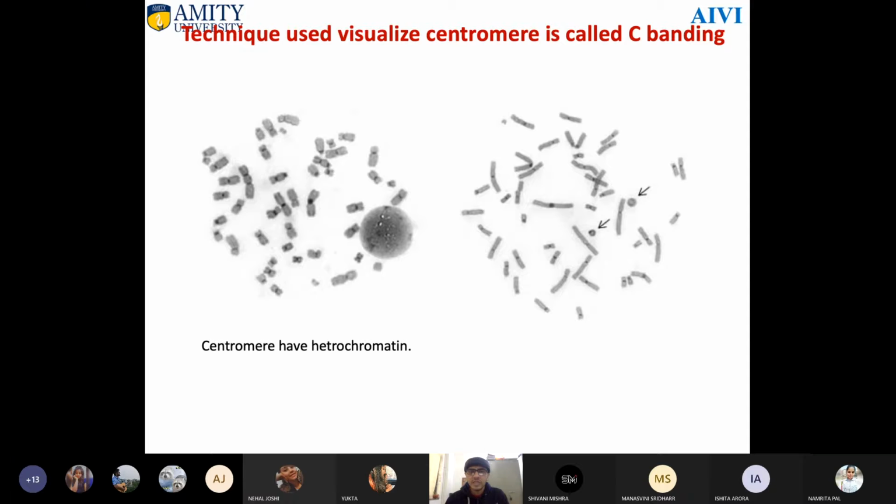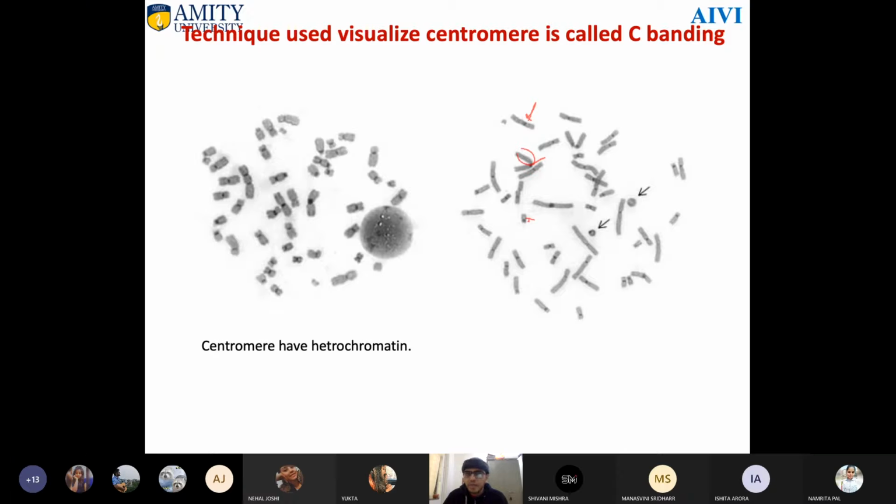Here you can see different types of chromosomes. By just seeing, you can tell which one is of what type, whether acrocentric or metacentric. This is going to be submetacentric. This is going to be metacentric, exactly in the center, both arms equal. This one is smaller, Y chromosome type.